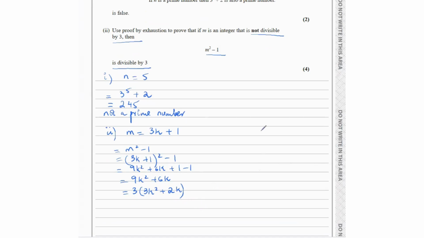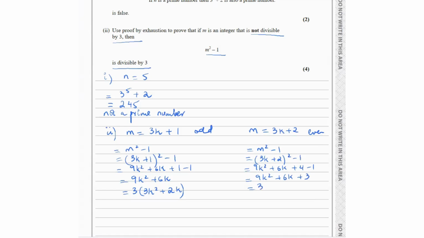Now we can use another example, 3k plus 2. This was for odd. This is for even. Because it can be an odd integer and an even integer. So if m is 3k plus 2, m squared minus 1 would be (3k plus 2) whole squared minus 1, which is 9k squared plus 6k plus 4 minus 1, which is going to be 9k squared plus 6k plus 3.